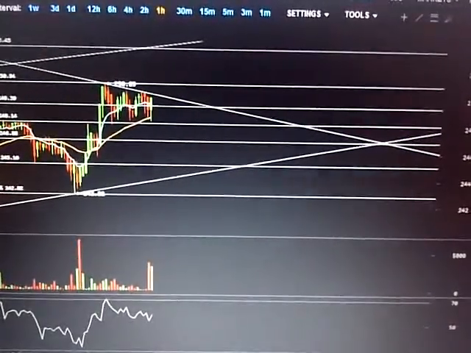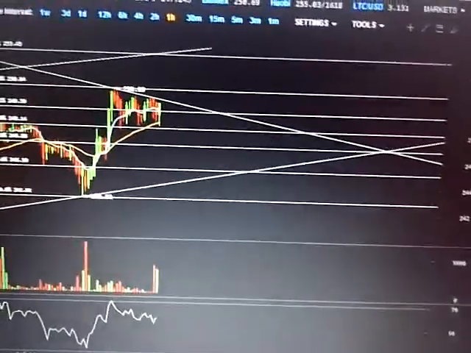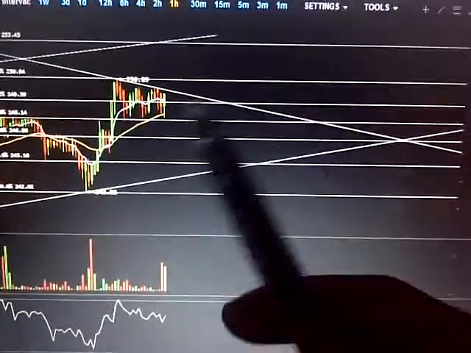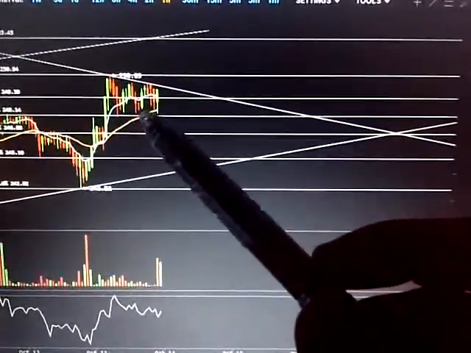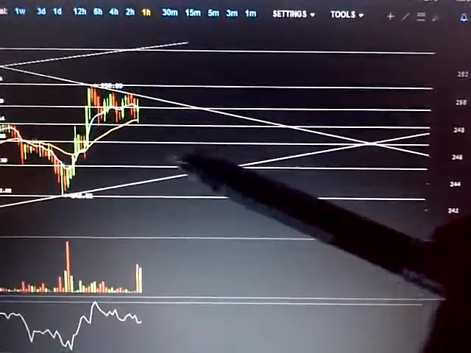You can do that after you make these lines, channels and resistance lines. You can see into the future, although there's nothing here, a possibility of what can happen.